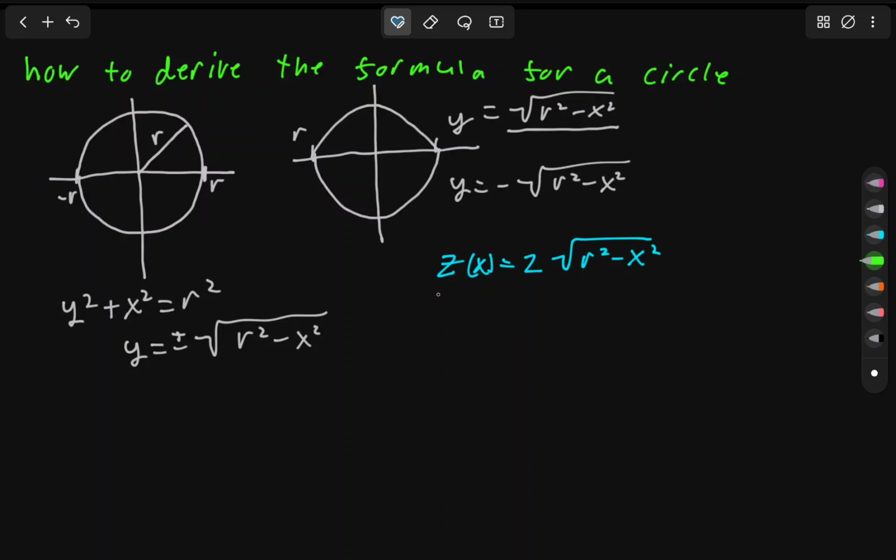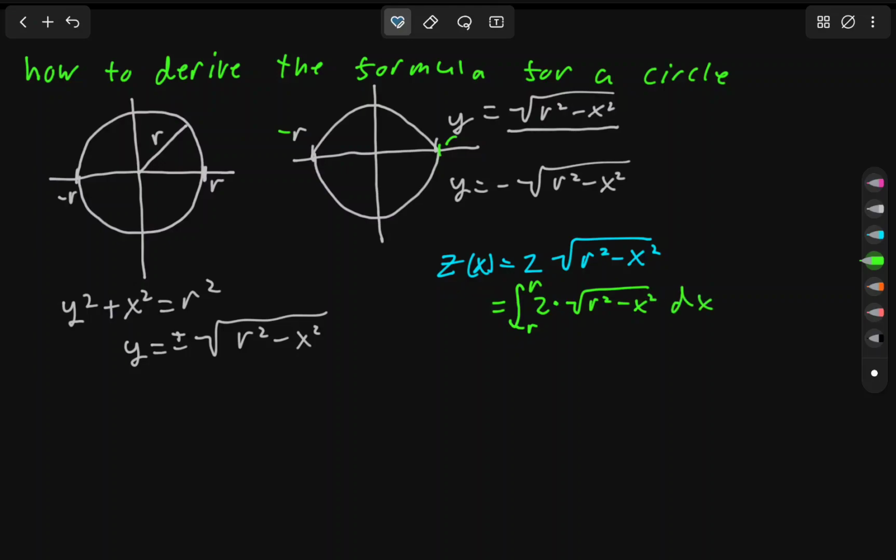So we are going to get the integral, and remember that we're taking from negative r to r, as those are our bounds here, and that's where the radius will stop. Anything outside of that, the function is undefined, of 2 times the square root of r squared minus x squared dx.